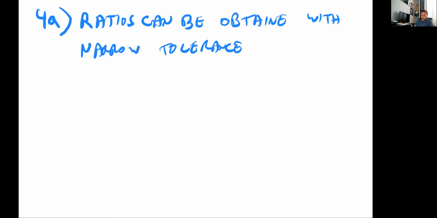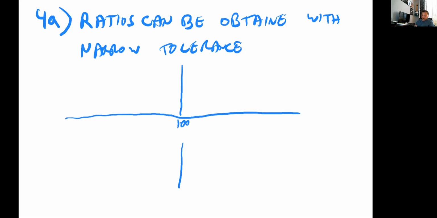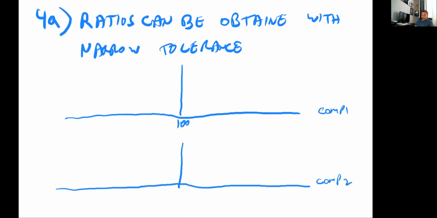So if I have two components, and the value here at 100% accuracy, and I have another one, so this is, let's say, component 1, this is component 2, and they have to have some specific value.